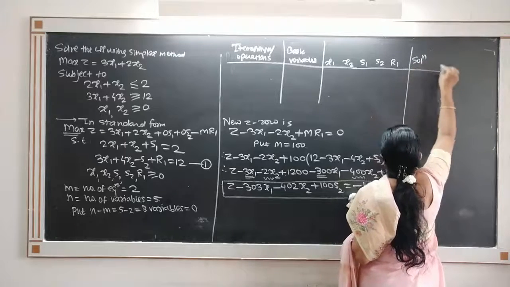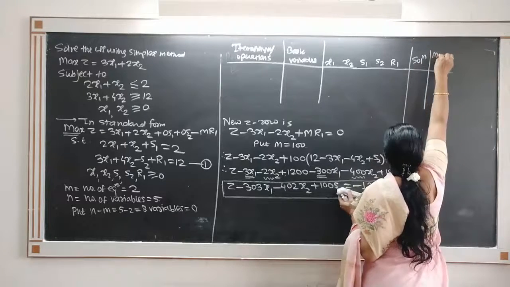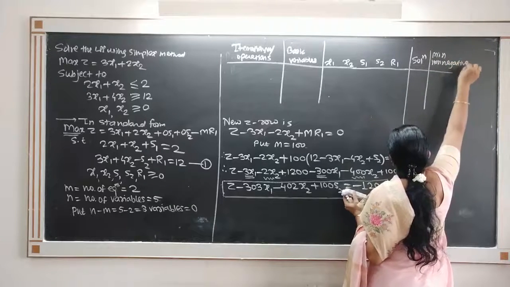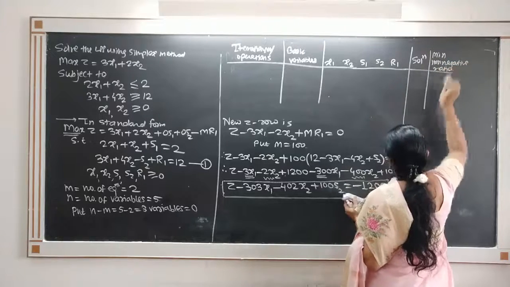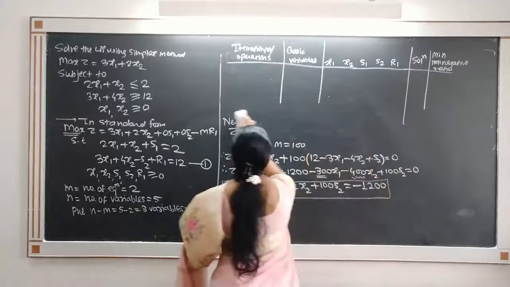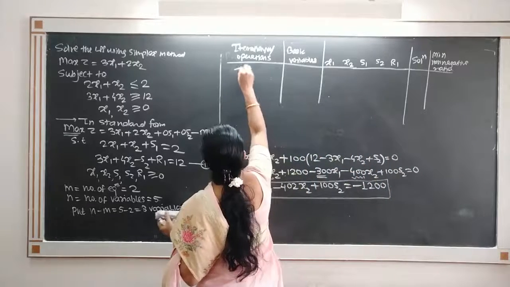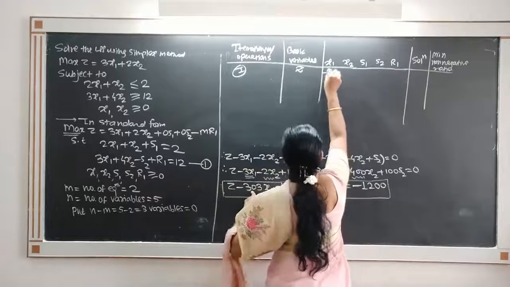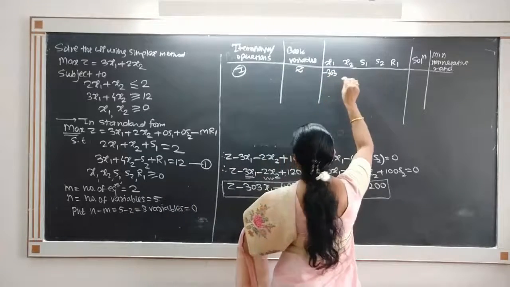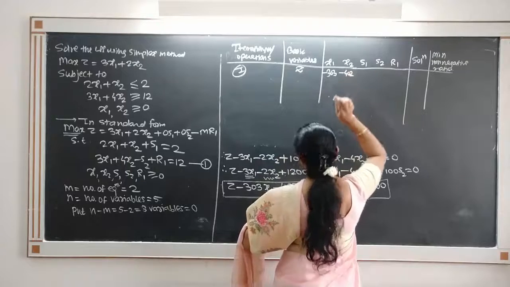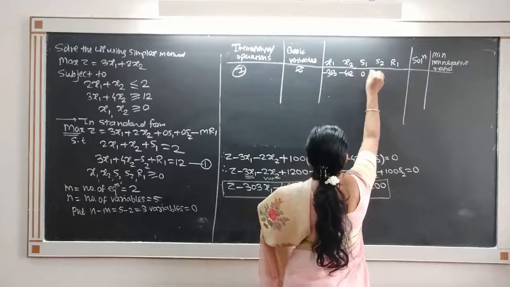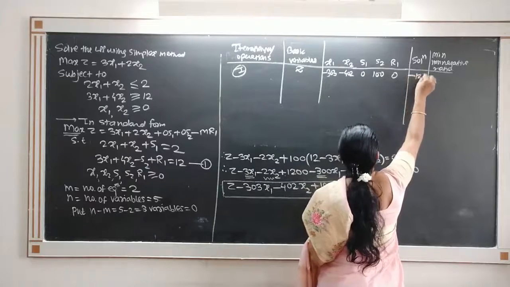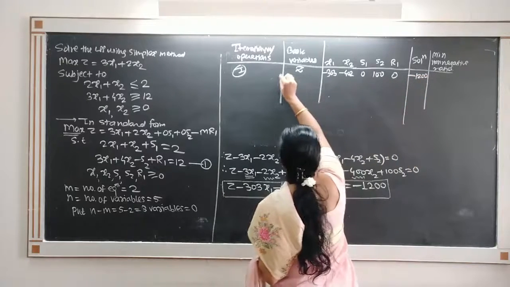Then solution, and the last column is minimum non-negative ratio. In the first table, we have z minus 303x1 minus 402x2 plus 100 s2 equal to minus 1200.